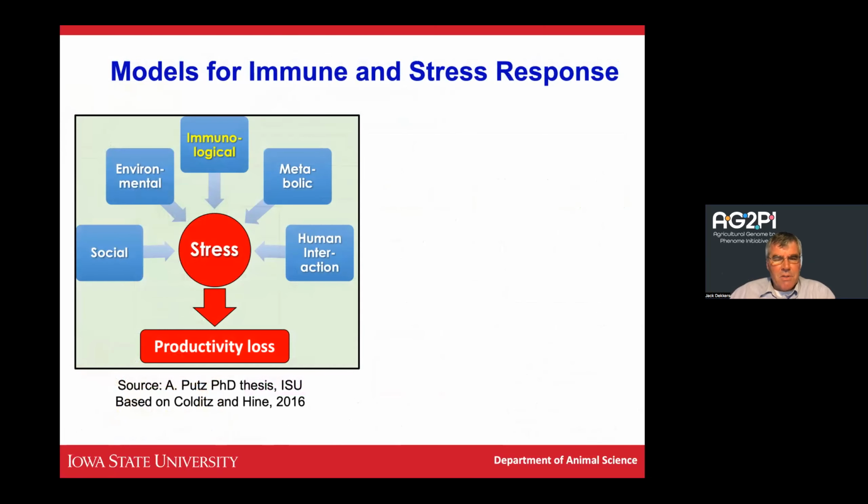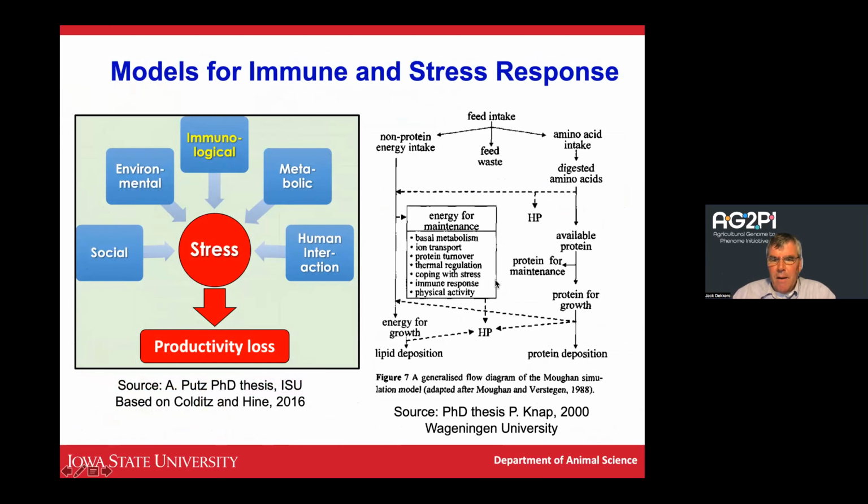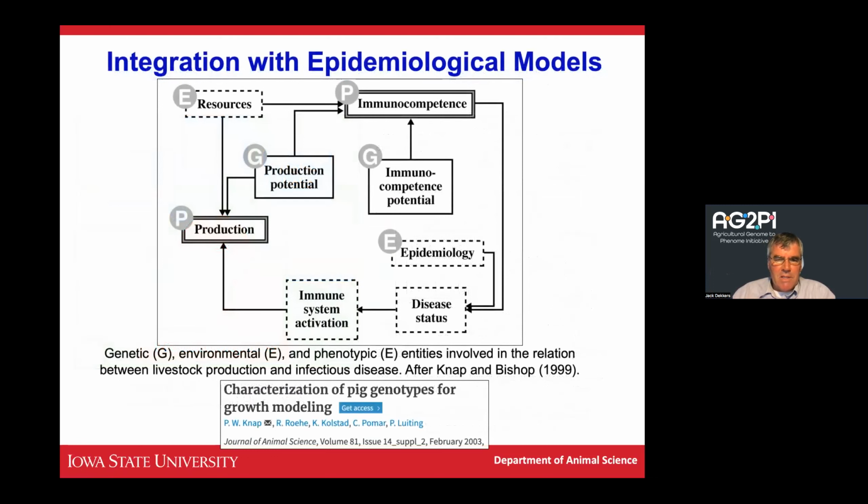Then there are models related to immune and stress response. There are lots of factors that impact the animal, cause stress, and result in the need for an immune response, which is costly. That side needs to be incorporated also. There are models available there that would have to be integrated, as well as epidemiological models.